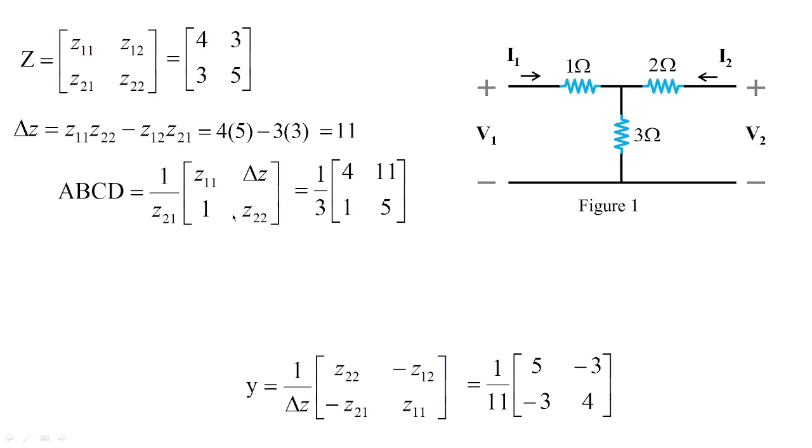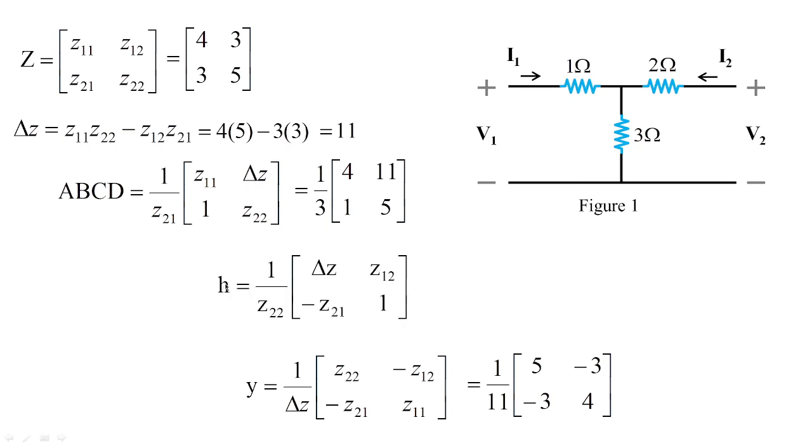So I am going to get ABCD parameters in terms of impedance parameters, which is equal to 1 by 3 times the matrix: Z11 is 4, delta Z is 11, 1 as it is, Z22 as 5. Hence, the transmission line parameters or ABCD parameters are obtained in terms of impedance parameters.